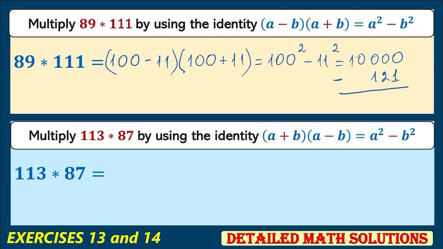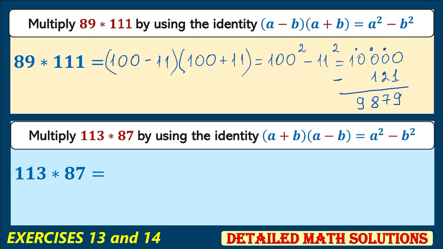When I subtract both numbers, I get 10 minus 1, take away 1, is 9. Then I take away 1, then I have 9 minus 2 is 7. Then take away 1, 9 minus 1 is 8, and then I have 9. So this equals 9,879.